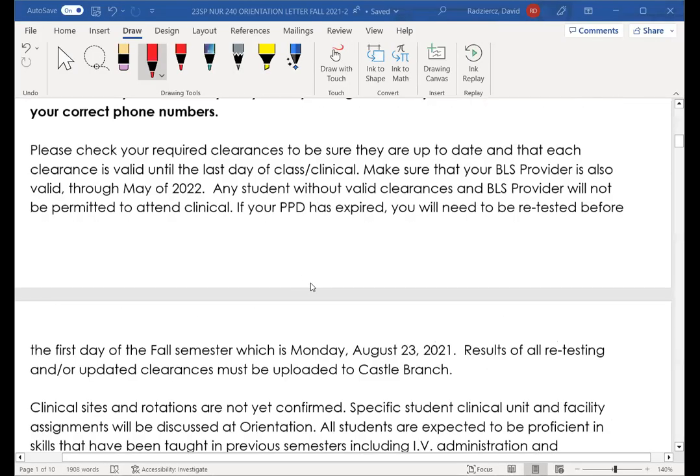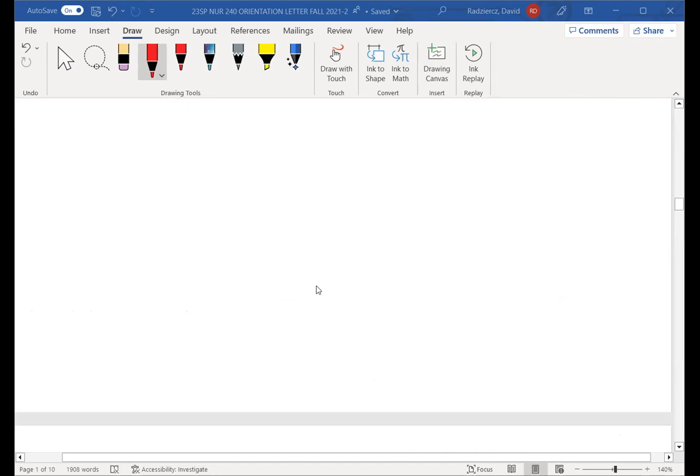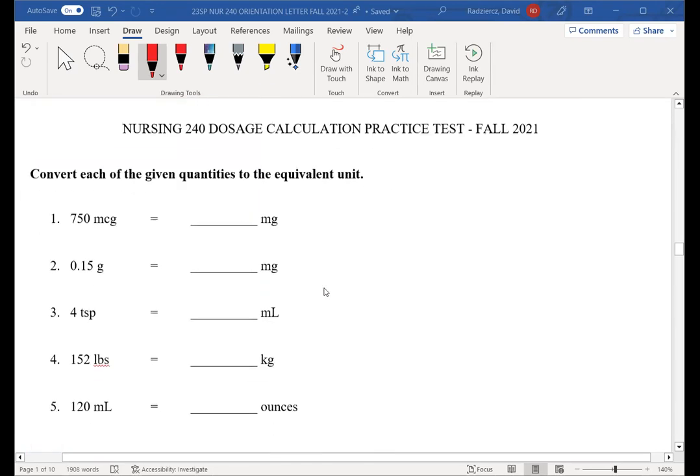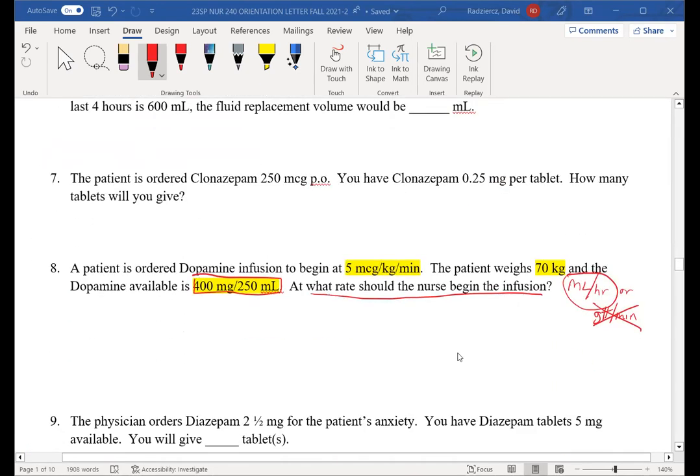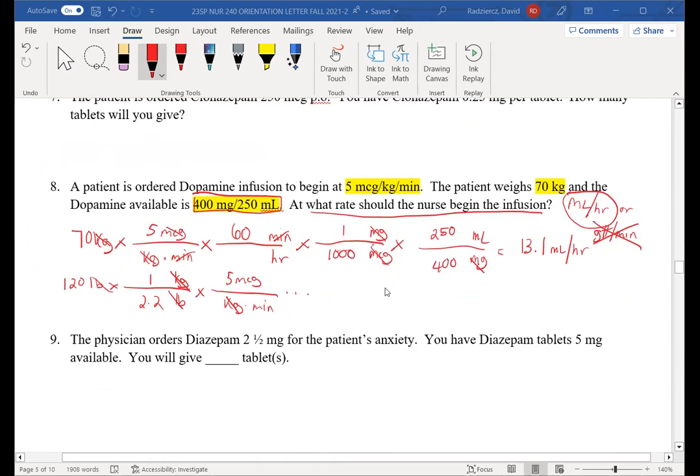Okay, so for number 8, I'm assuming you're talking about this packet here. Yes. Okay. No. And the reason being, you can't do ordered over have directly, because you are doing a flow rate question.